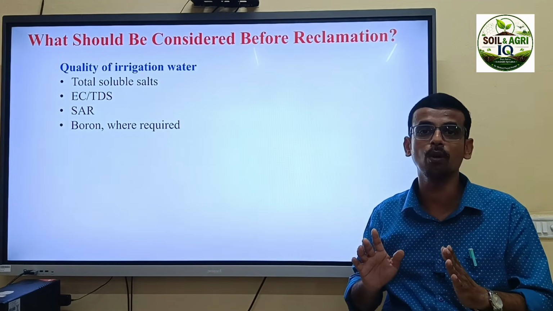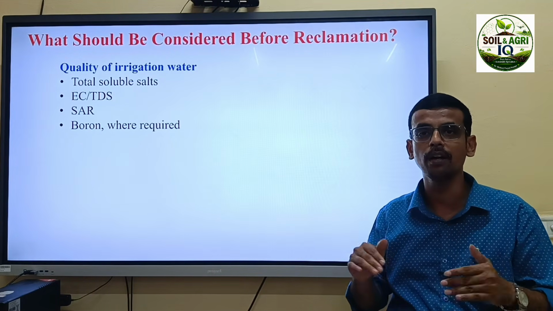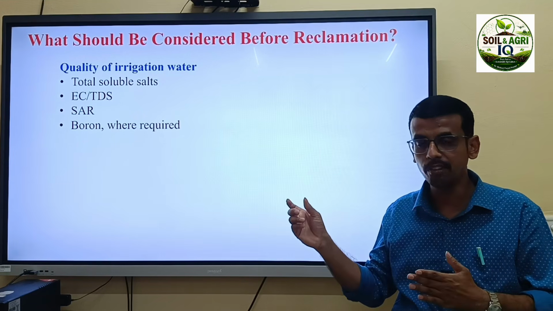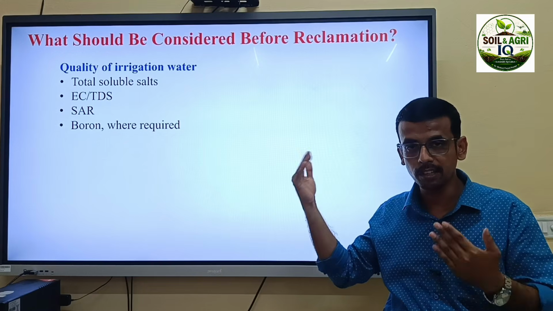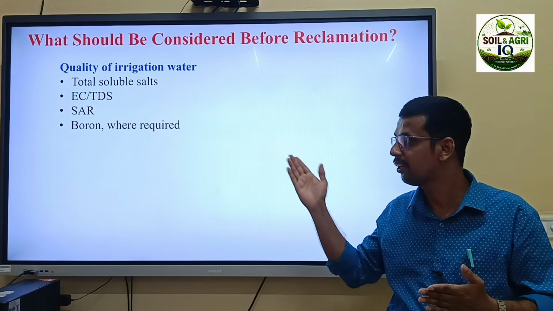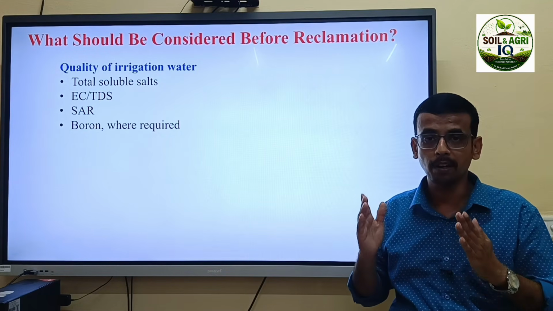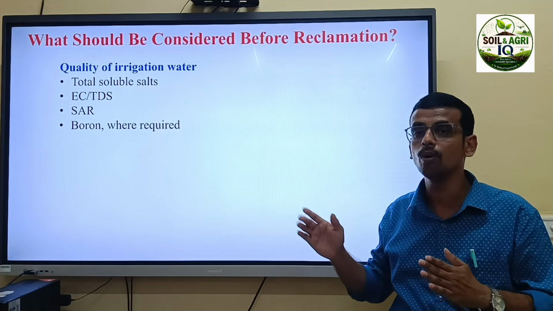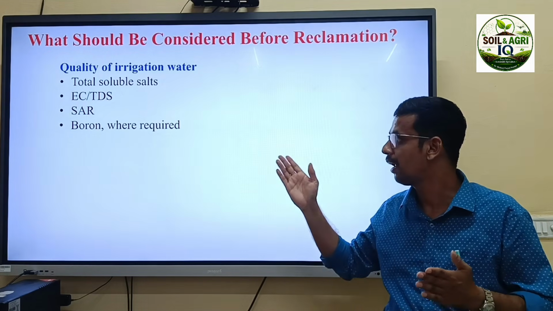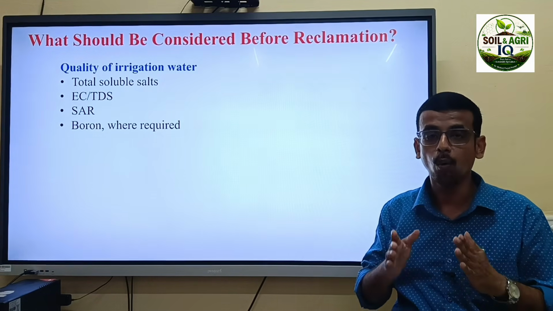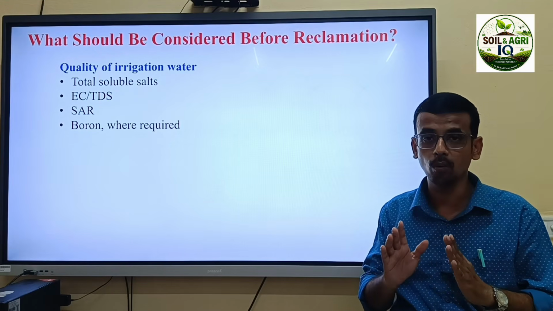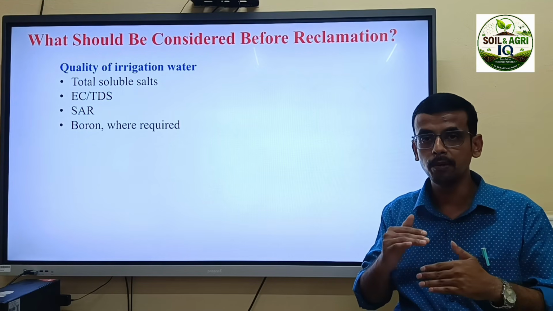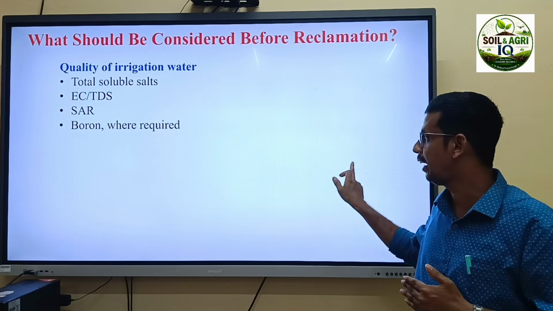How much total soluble salt is present in your irrigation water, what is the electrical conductivity, what is the total dissolved solid, what is the sodium adsorption ratio, and how much percentage of boron is present. All these things you need to consider. So quality of irrigation water is very much essential before reclaiming your saline soil.